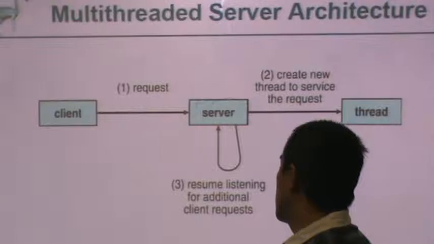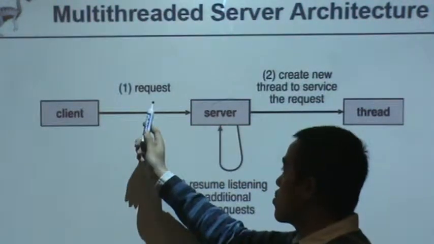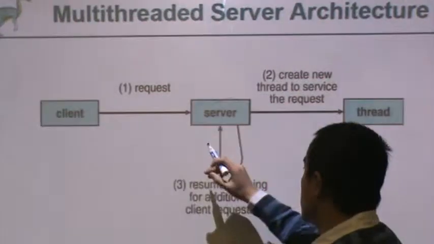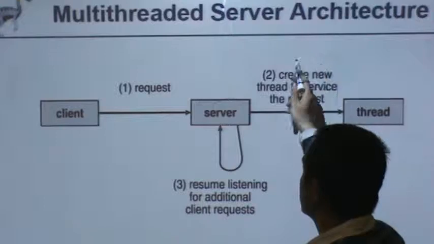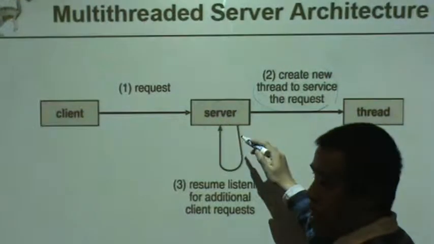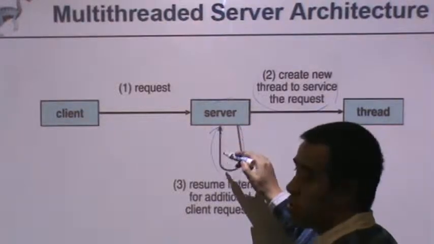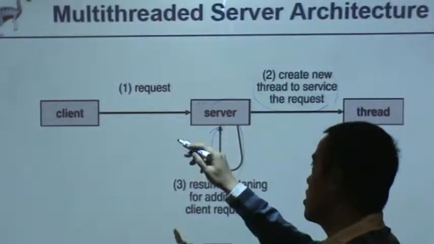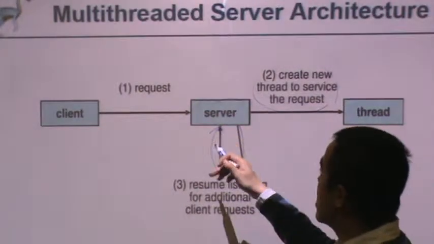It's a listening thread. If the server gets a request from one client, it does two things: it creates a new thread to serve this request, and at the same time, the listening thread goes back to the for loop to continue to check whether there's a client request or not. So this is multi-thread.